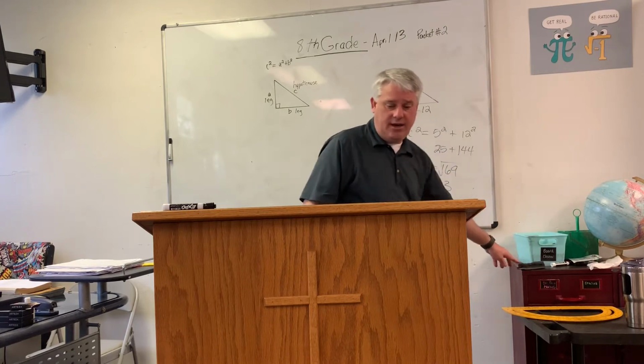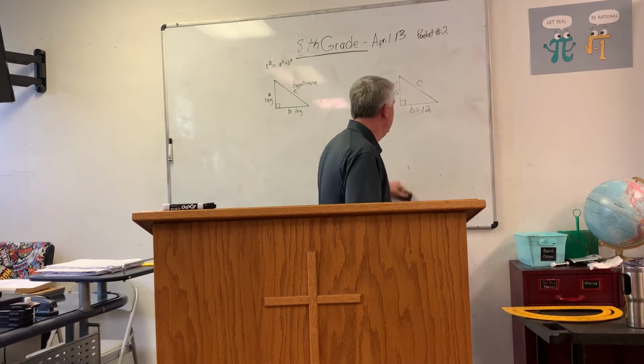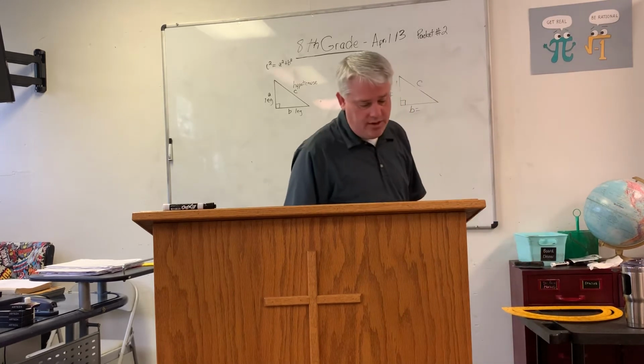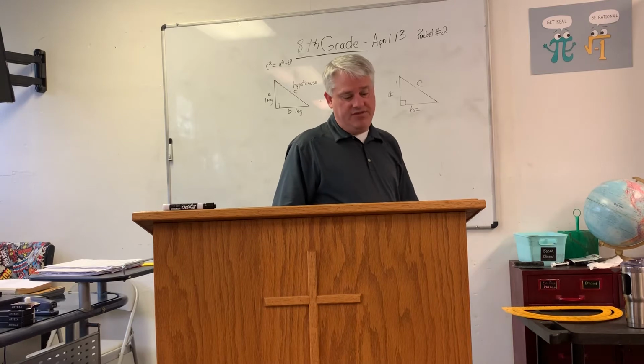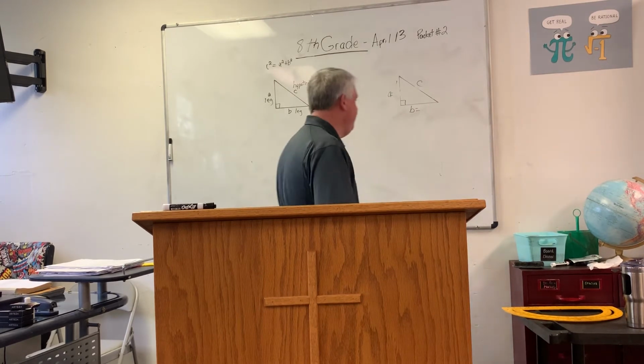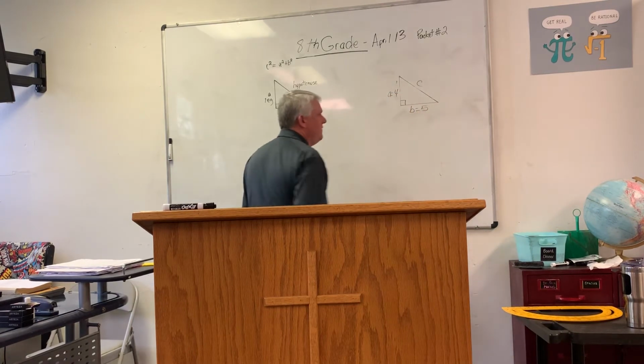All right, let's look at the next one. They give us one more to do here. In this example, find the length of the hypotenuse if the legs are 4 feet and 5 feet. So 4 feet and 5 feet.